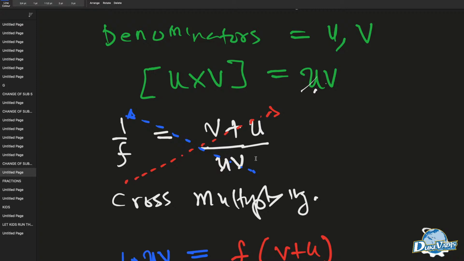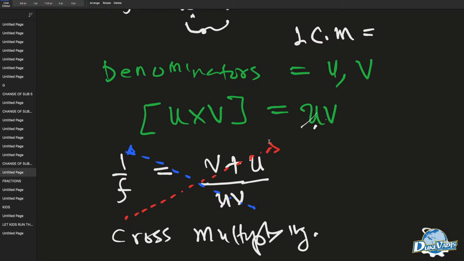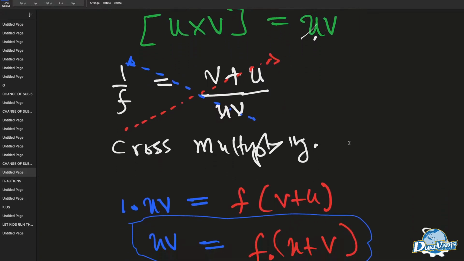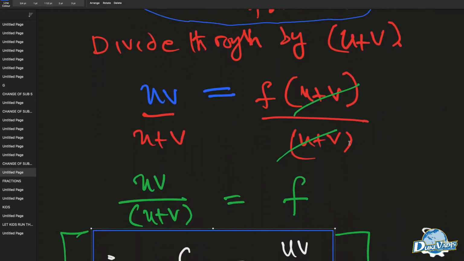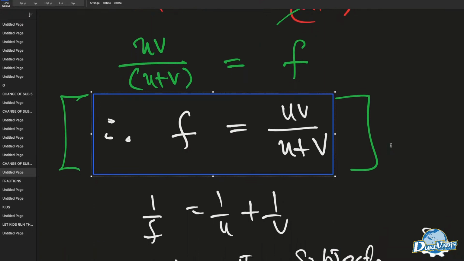When we put UV beneath, V will cancel and we'll be left with U, and the other will cancel too as we multiply through and cross multiply. Then we are able to do our division, and we came out with F equals UV over U plus V.